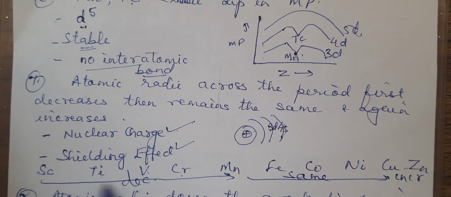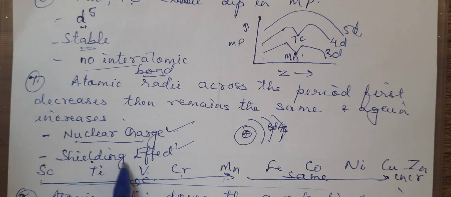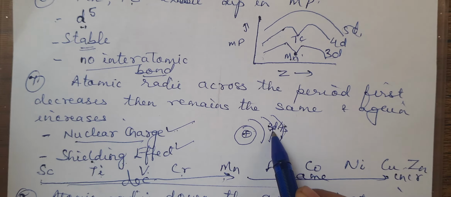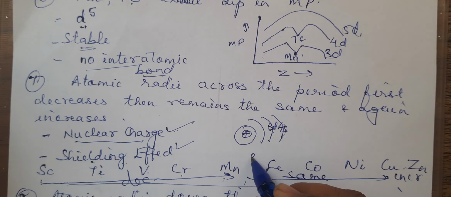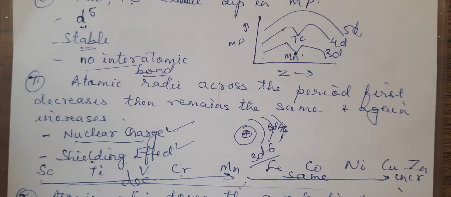Initially, nuclear charge throughout the period is increasing. Shielding effect increases, but in the beginning the shielding effect is not that strong, because with one electron, second electron, the shield is not that strong. When the shield starts becoming strong, that means when d starts pairing up from iron onwards, their shield becomes strong.